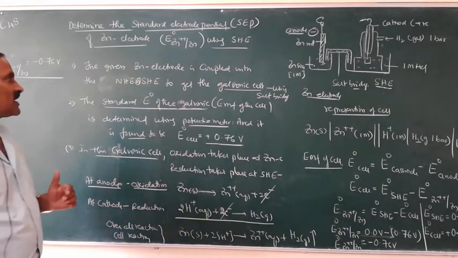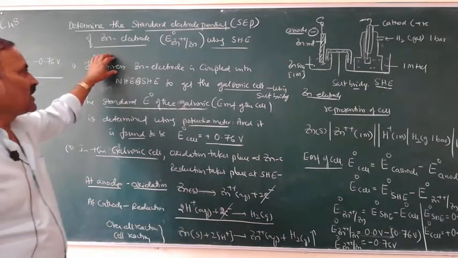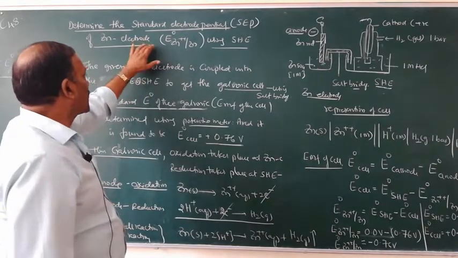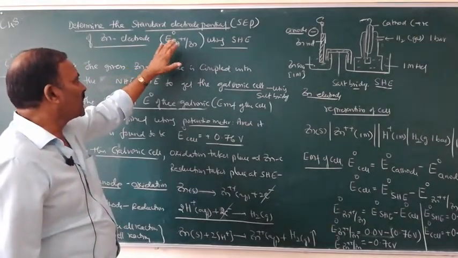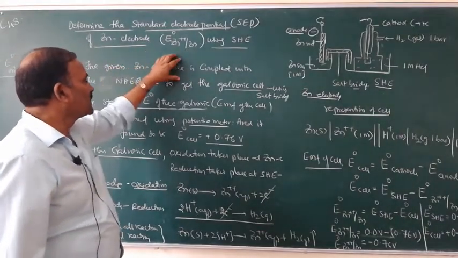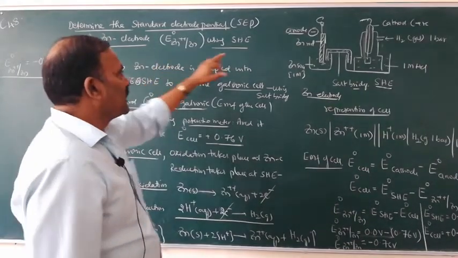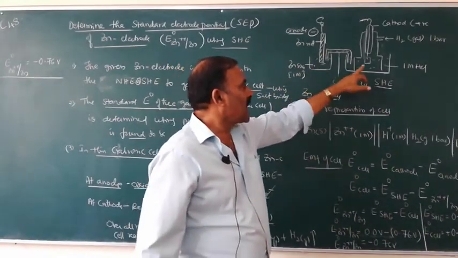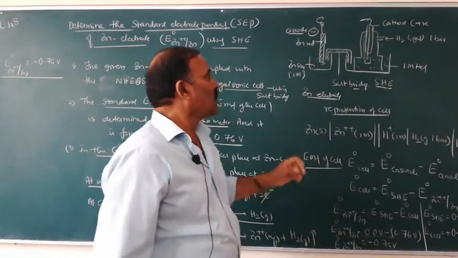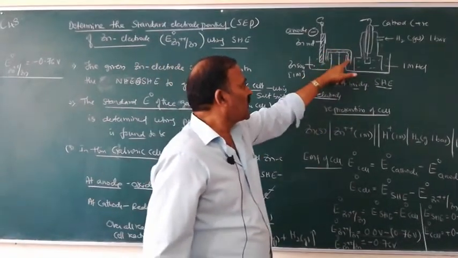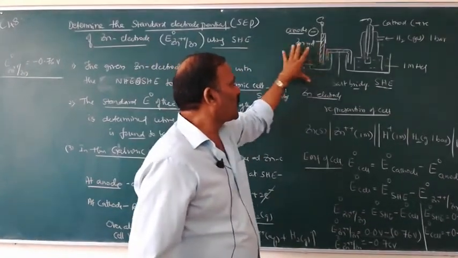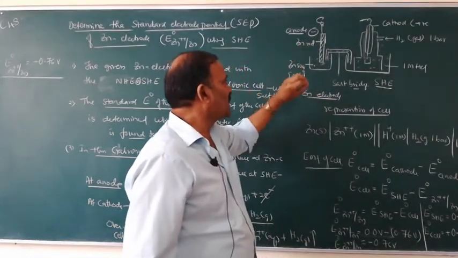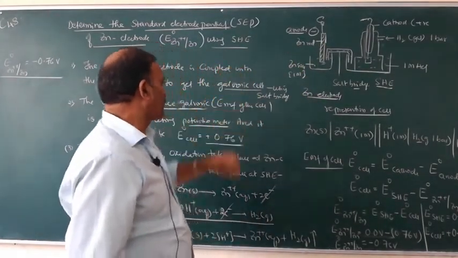So what are the three steps involved? First, the electrode whose electrode potential is to be determined, namely the zinc electrode, is coupled with the standard hydrogen electrode using a salt bridge to get a galvanic cell, or voltaic cell.